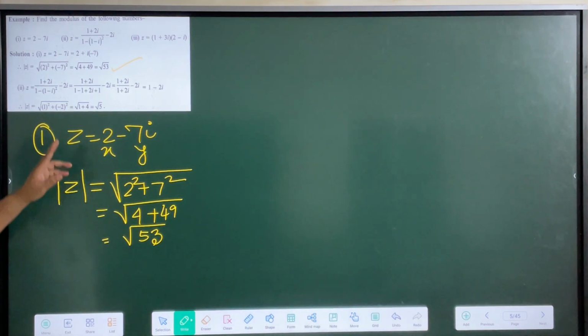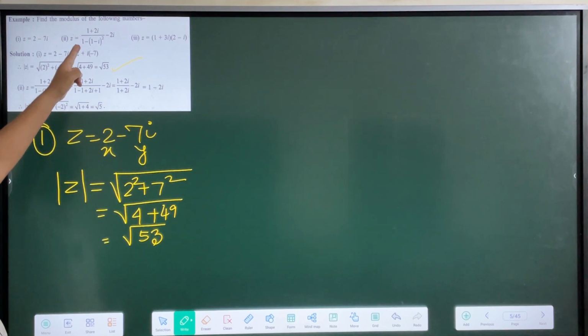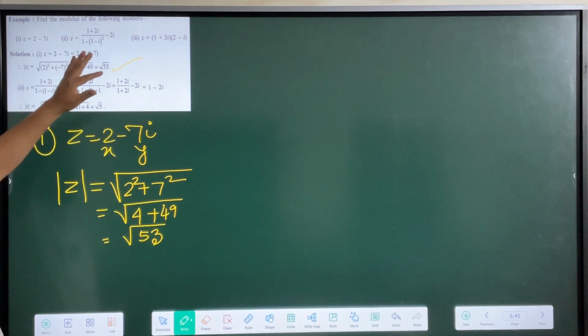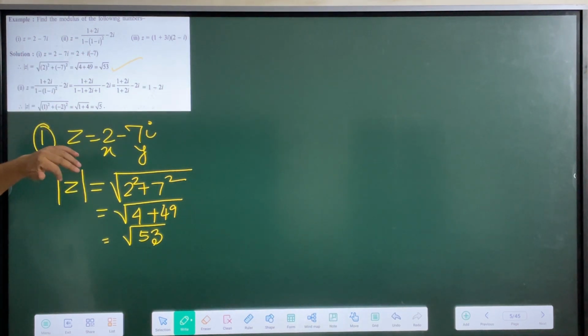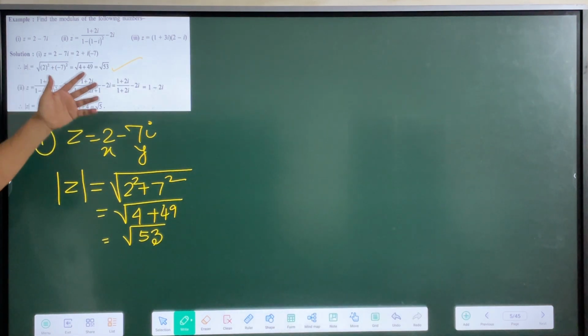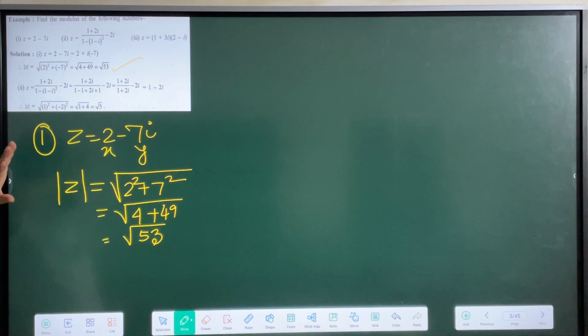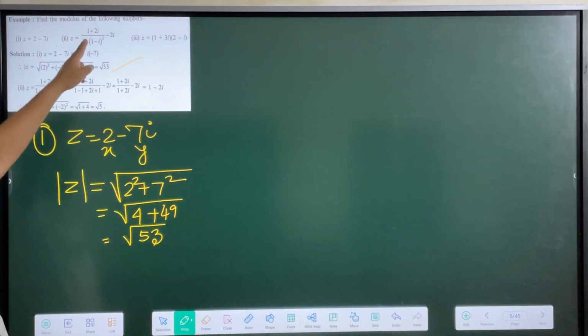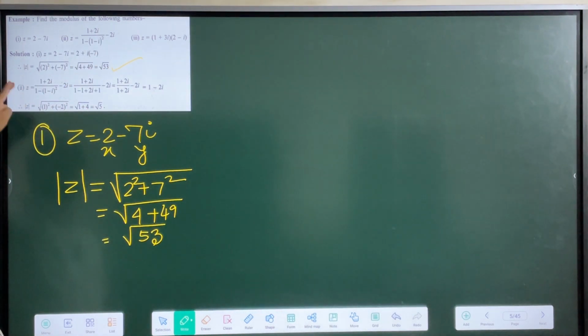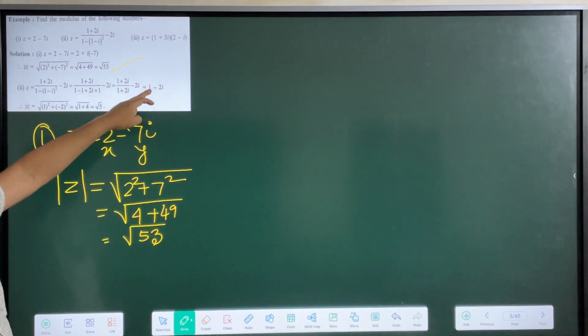There is nothing more. Number 2, we cannot do directly for the modulus. As we did many sums in the previous exercise, everywhere we first did the a plus ib form. After that only we did whatever was required in the question. So in number 2, z is given, and it is first converted to a plus ib form.